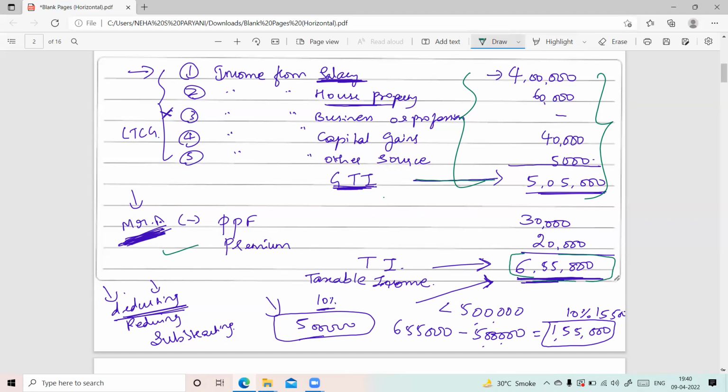And if the taxable income is more than 5 lakh rupees per annum, the person is liable to pay tax. On which amount? The amount exceeding 5 lakh rupees, the difference amount. Here, on 1,55,000 rupees, Mr. A has to pay 10% tax as per the current slab rates, which is 15,500 rupees, the tax of Mr. A.